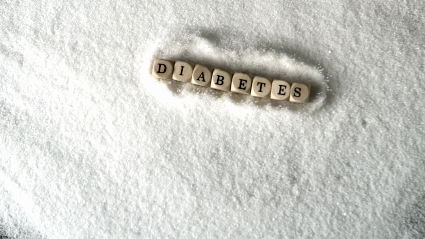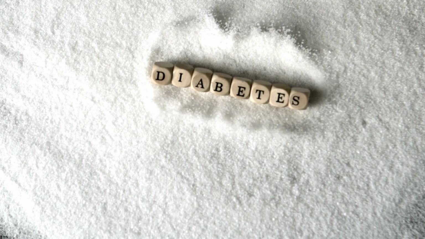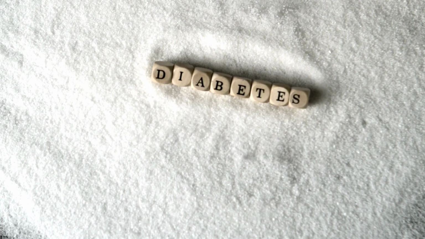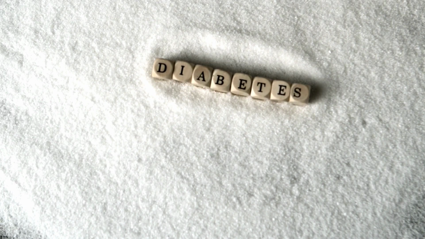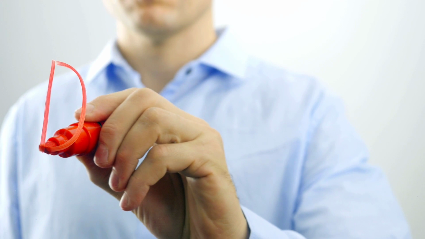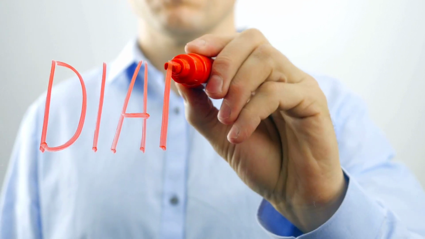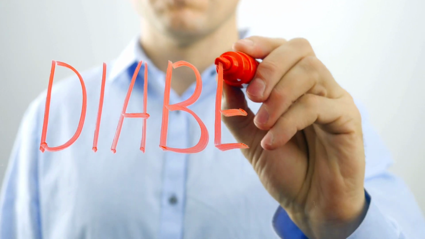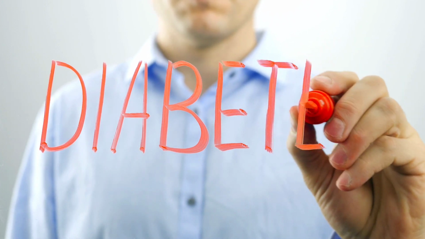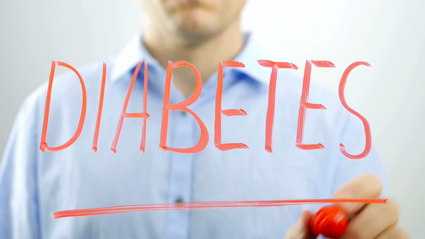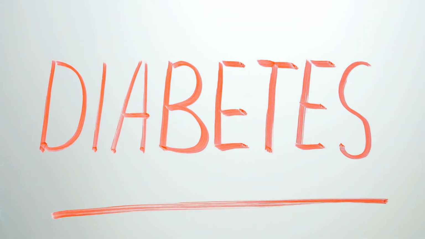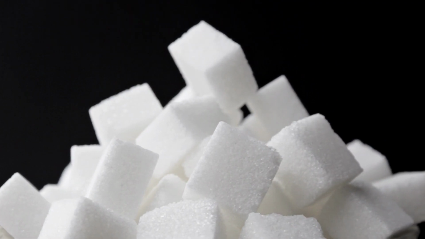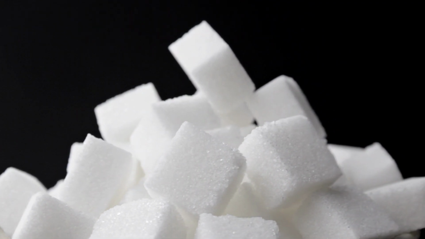Then diabetes mellitus has two subunits. The first one is juvenile diabetes, also called insulin dependent diabetes mellitus, and secondly we have maturity onset diabetes, also known as non-insulin dependent diabetes mellitus.